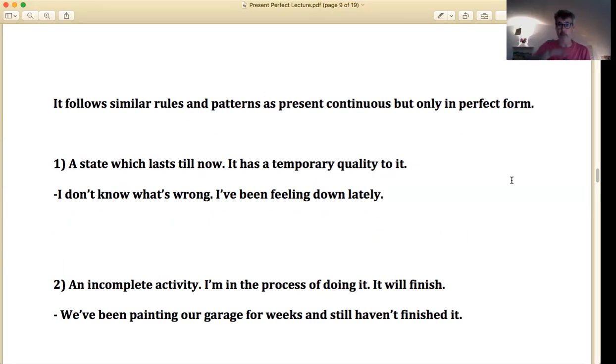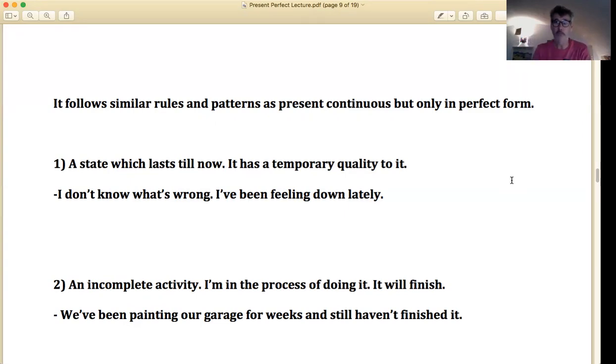Sometimes it's interrupted, or it's the idea that it's in progress and we know it started here in the past and it's going to continue into the future. It's active right now, but we don't know how long it's going to continue. But it's kind of temporary, and we know that it will finish at some point. That's key. We know it will finish.